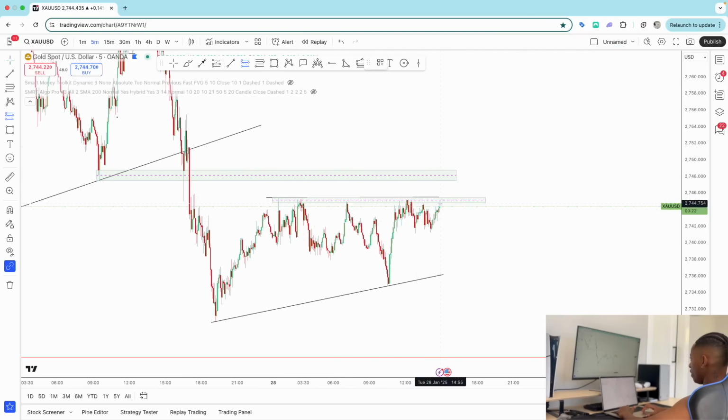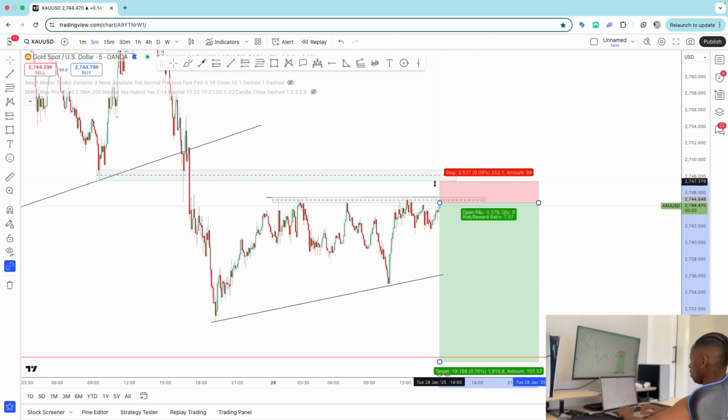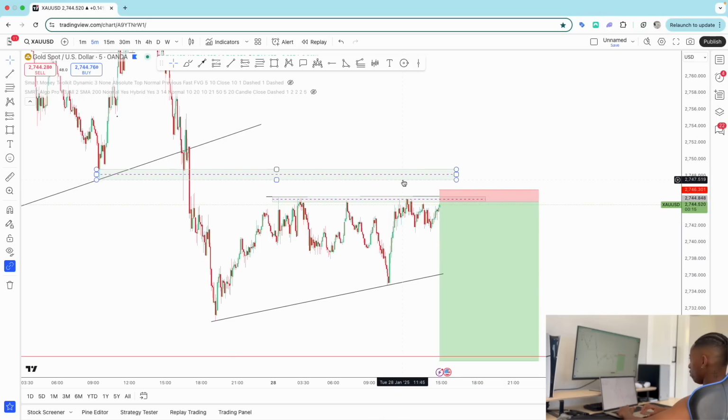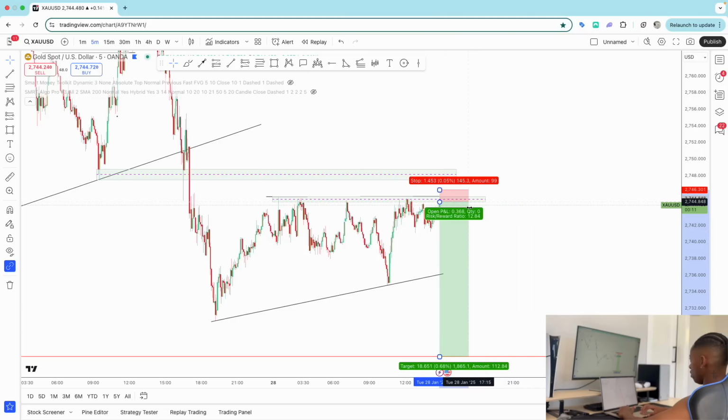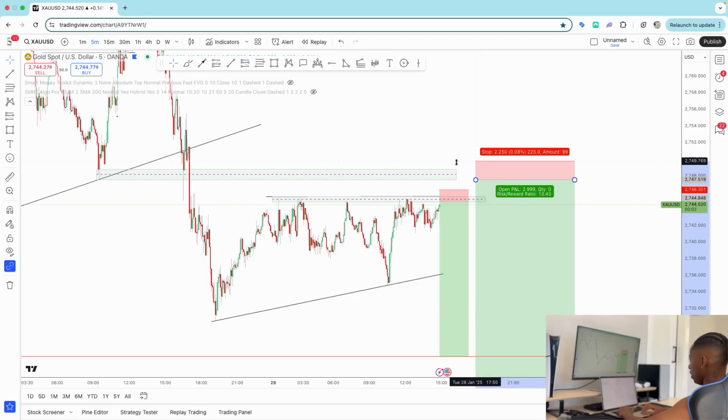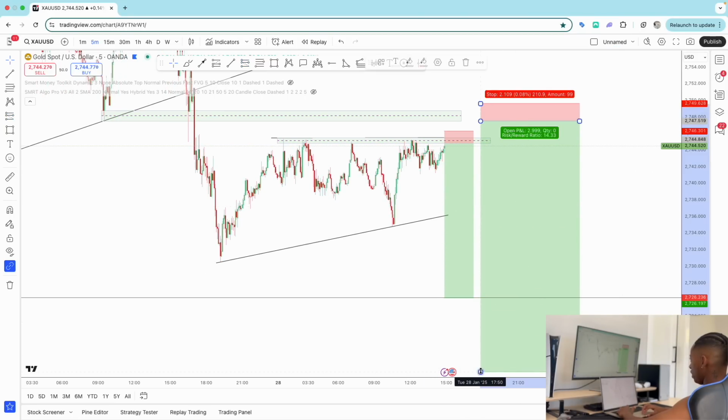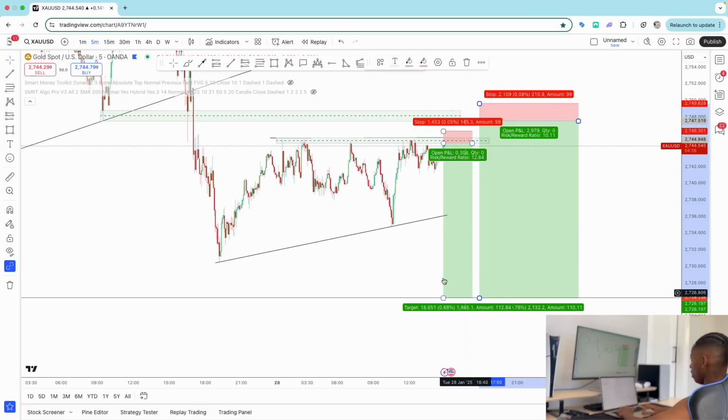The first would be if price gets here, stop loss right here, take profit right here. And if this doesn't happen, the next trade would be entering here, stop loss somewhere above here, and take profit somewhere here.